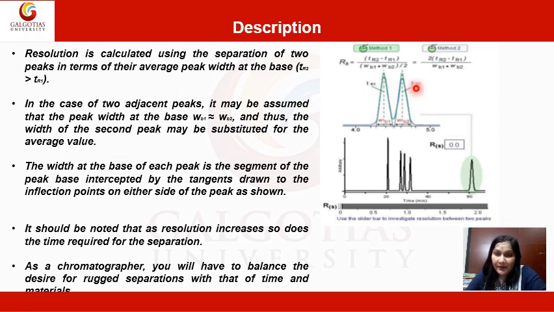That's why we have taken the average value of the peak width at the baseline, Wb1 plus Wb2 by 2, where Wb1 is the peak width of component 1 and Wb2 is the peak width at the base for component 2. The width at the base of each peak is the segment of the peak base intercepted by the tangents drawn to the inflection points on either side of the peak, as shown in the figure.